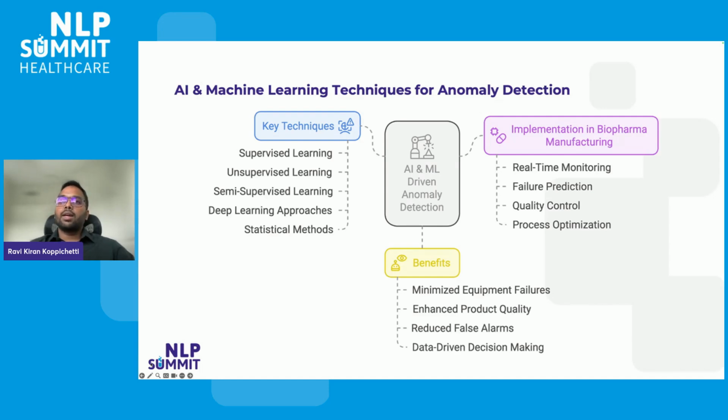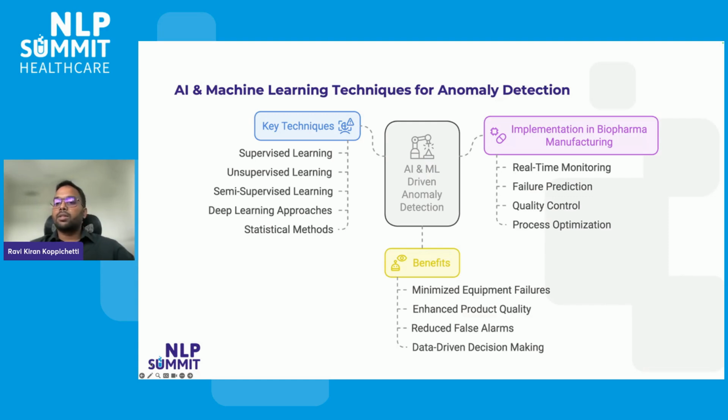Techniques like isolation forest, DBSCAN, and autoencoders can effectively identify outliers without any prior knowledge of such failure conditions. Another interesting approach is semi supervised learning, which trains models using normal operating data and flags any deviations.